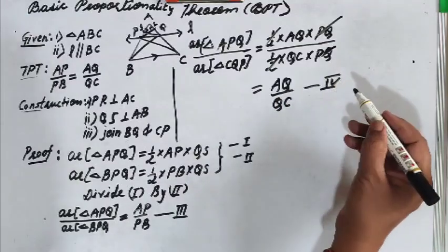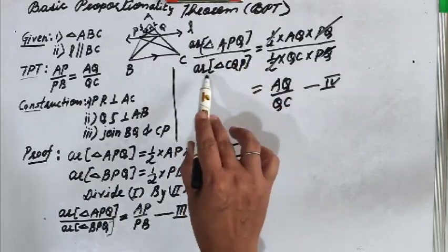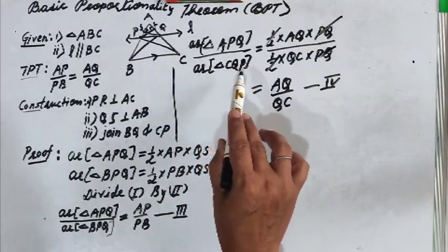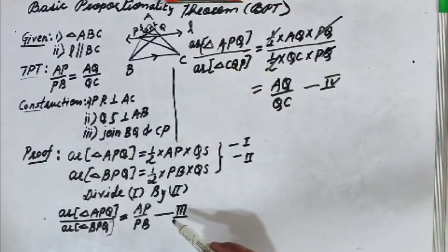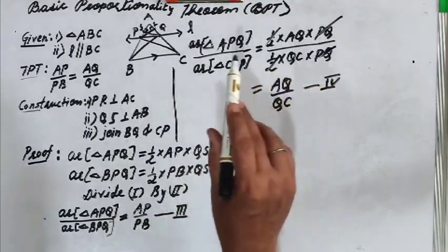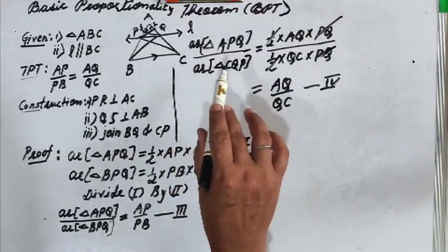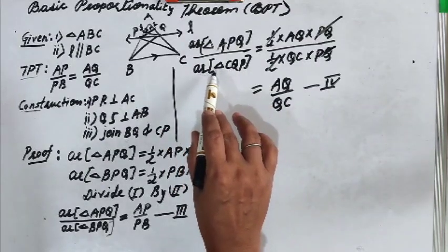Now what you see in point number 3, area of triangle APQ upon area of triangle BPQ is equal to AP upon PB. And here area of triangle APQ upon area of triangle CQP is equal to AQ upon QC. If you observe carefully, the denominator of point number 3 is the area of triangle BPQ, whereas the denominator of equation 4 is the area of triangle CQP.